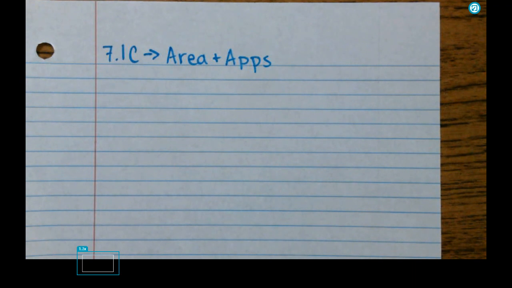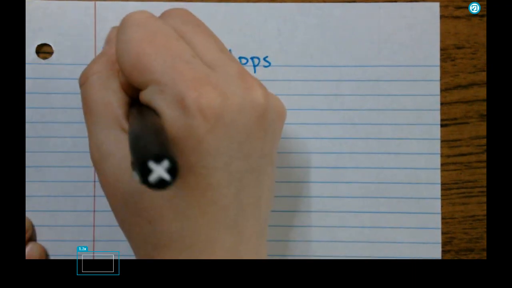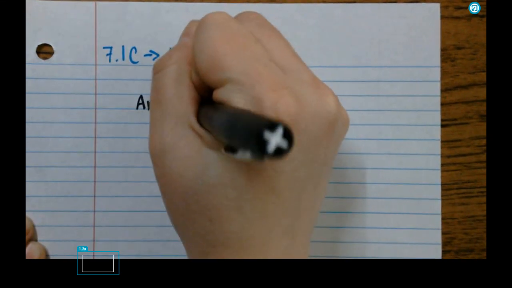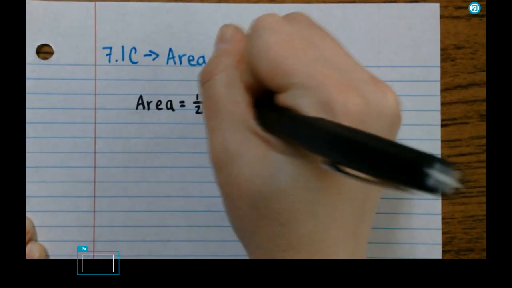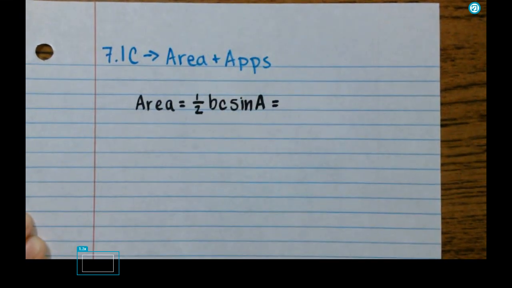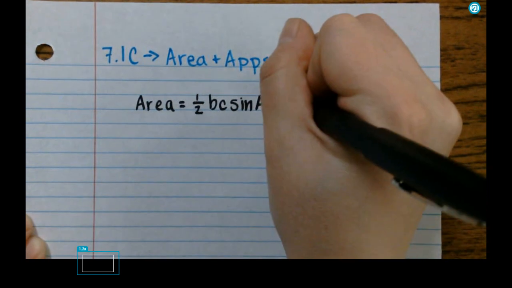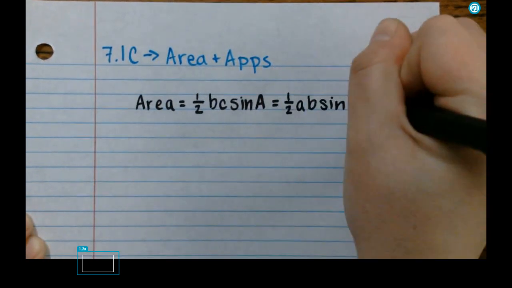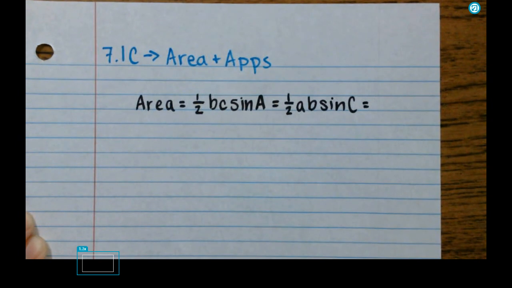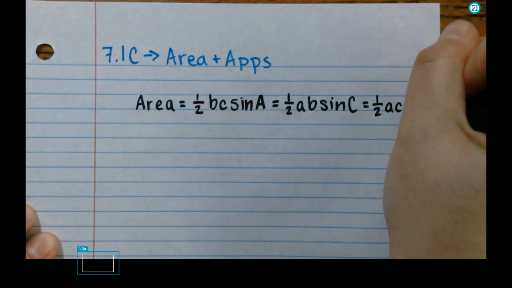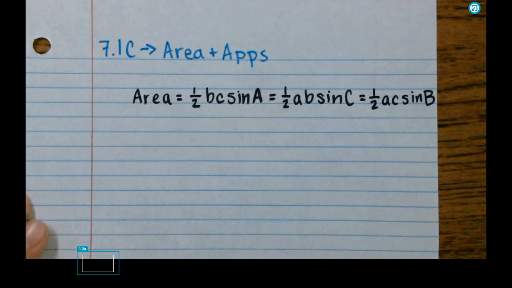So the area of any triangle using law of sines equals 1/2 BC sine of A, or 1/2 AB sine of C, or 1/2 AC sine of B. So there's 3 versions of it.